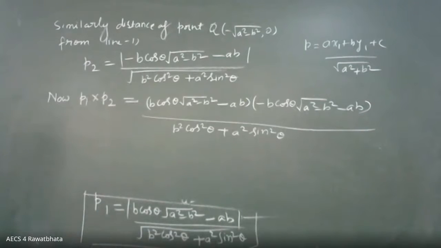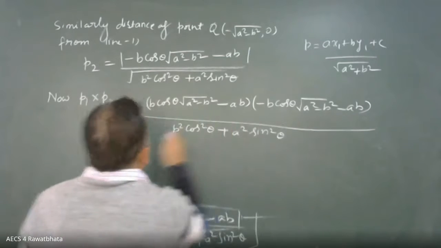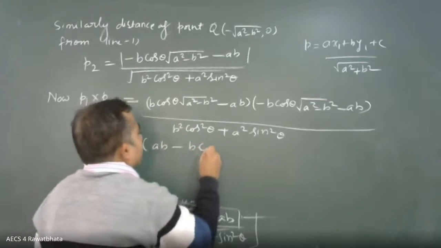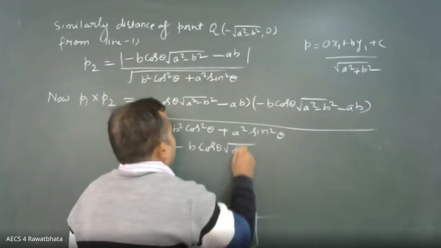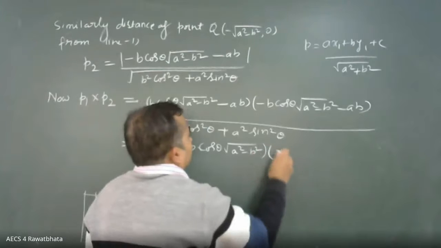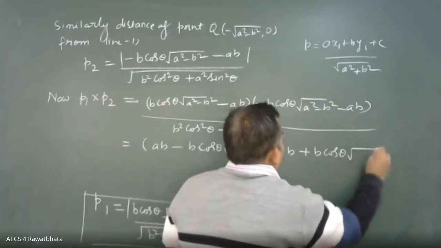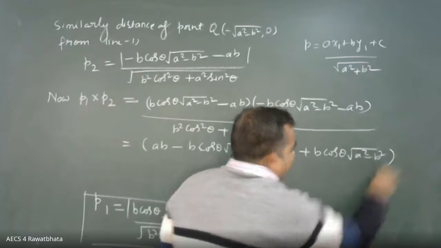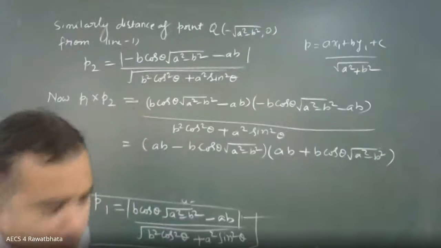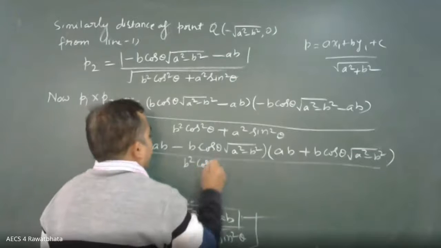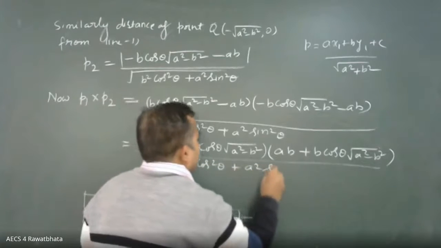So you can see that if I take this minus common and mix it here, ab minus b cos theta root a square minus b square, into ab plus b cos theta root a square minus b square, whole upon b square cos square theta plus a square sin square theta.